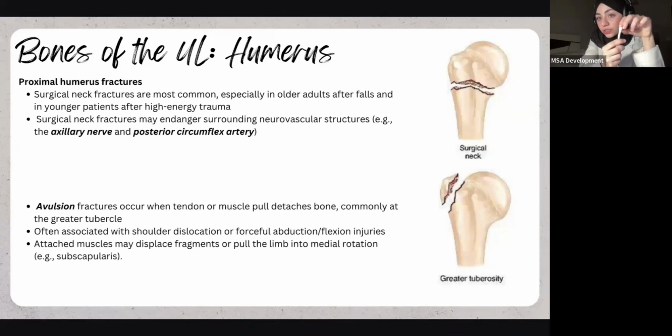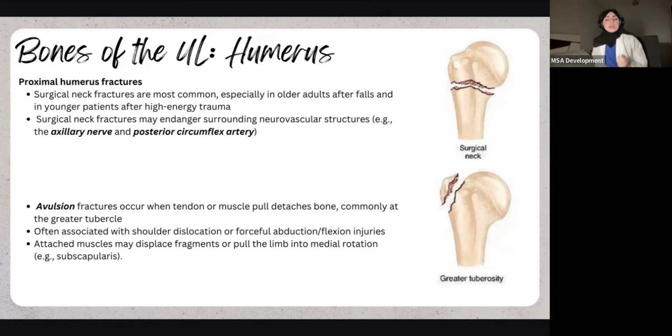So if I were to fracture the surgical neck, I will be in big trouble for these two structures. How can I fracture the surgical neck? Typically, it's going to be after a fall directly onto the bone, or a high energy trauma, which means that the patient was doing something very strong, or strong flexion, whatever it may be, that caused it to break.